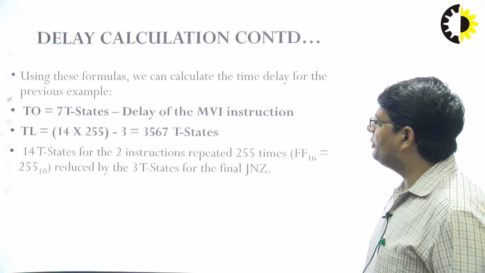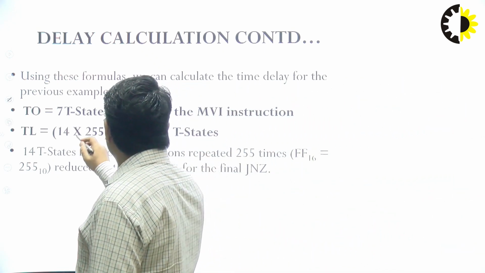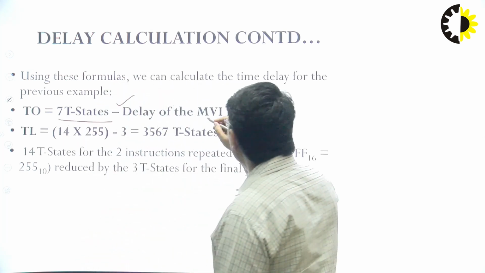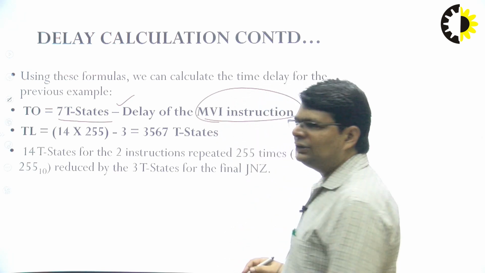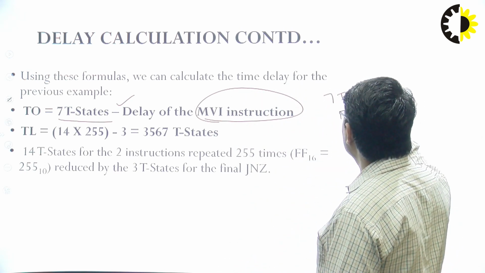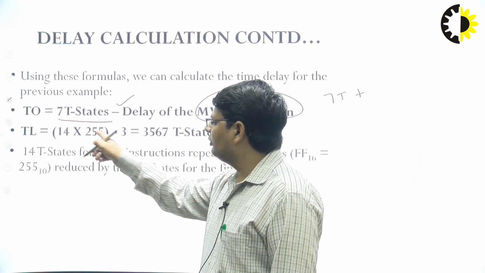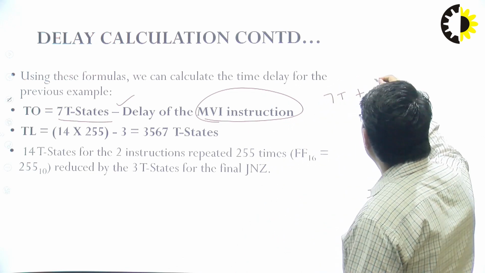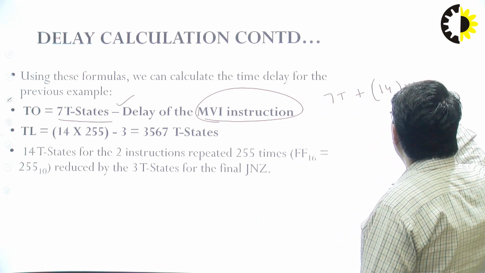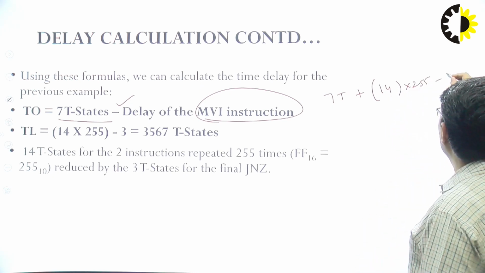As we have seen in the previous slide, the total number of T states will be 7 T states corresponding to the MVI instruction, that is not part of the loop. So we will have 7 T states plus we have 14 T states in the loop repeated by 255 times, and then minus 3 is there.